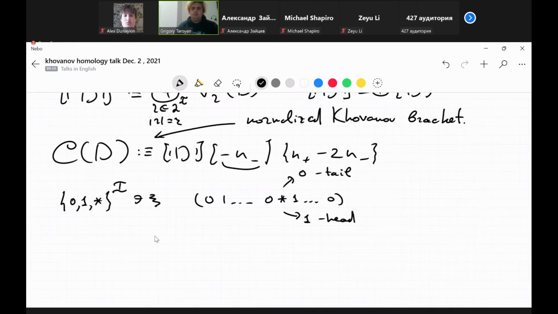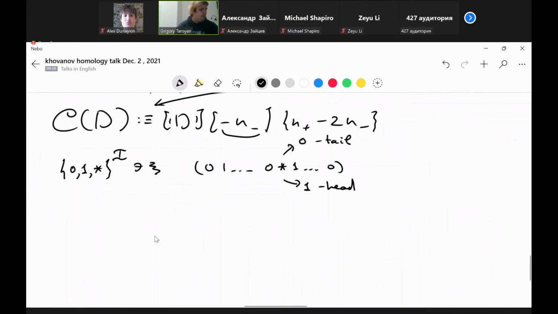And now, what we have here is a grading on edges, so that's just, by definition, the grading of the tail of this edge. And so we can define the differential.